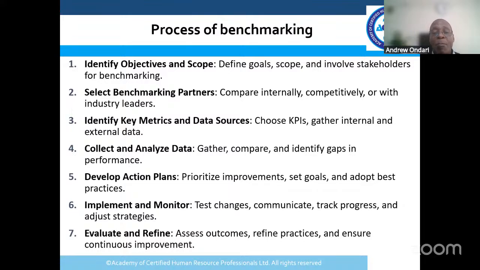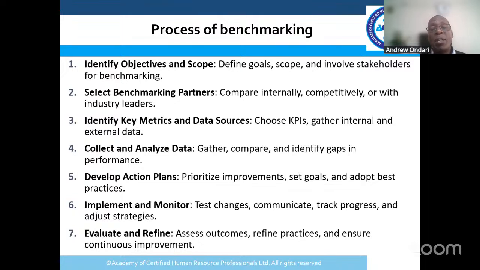A second KPI in training is the hours taken or the time taken per employee. Another KPI is the budget that we set aside for employee training.